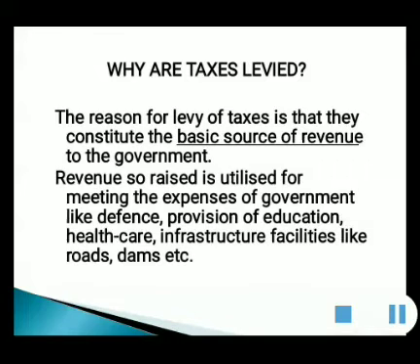Because it is a basic source for the government for carrying out many functions: defense, education, healthcare and all.